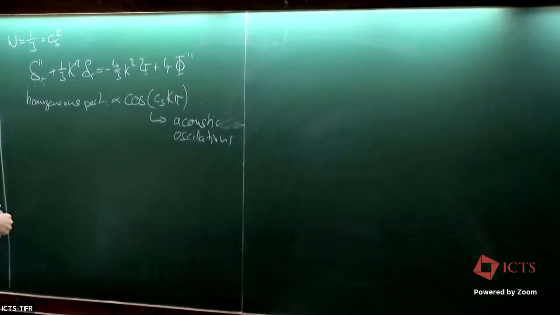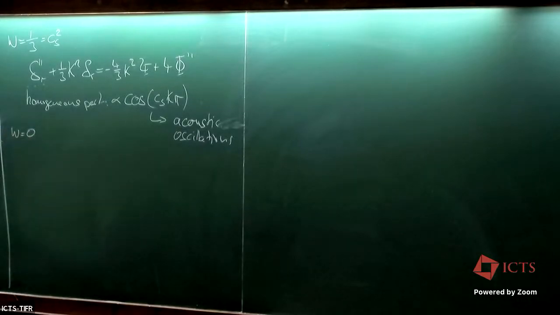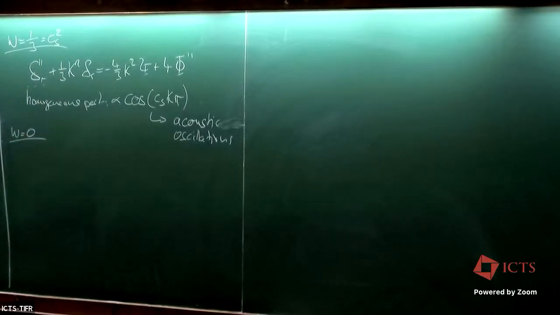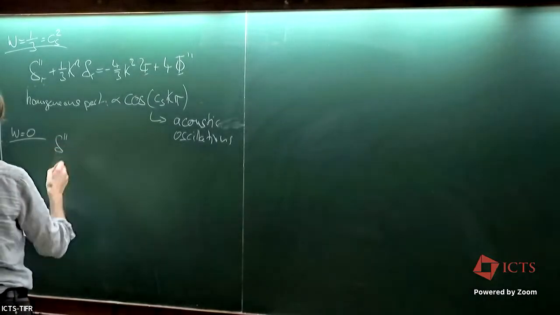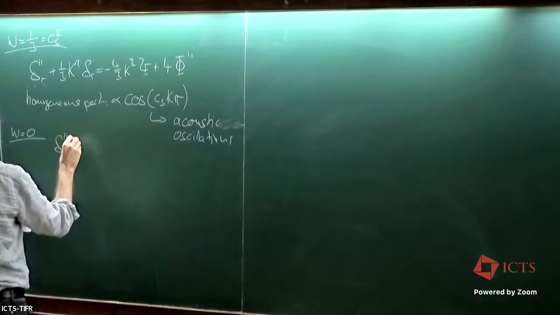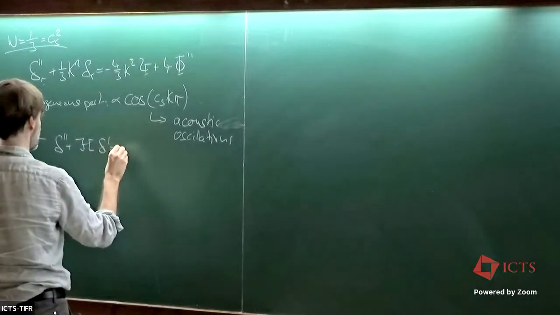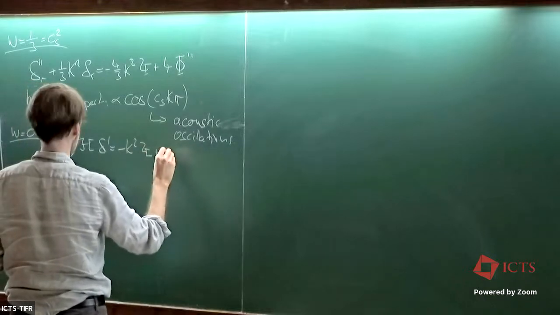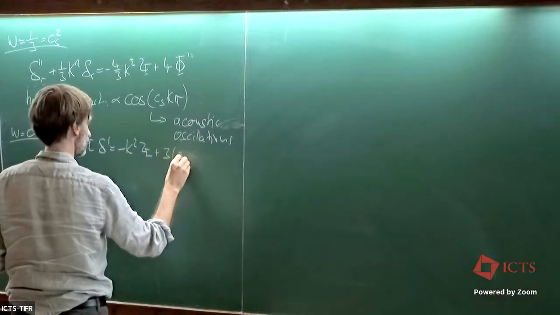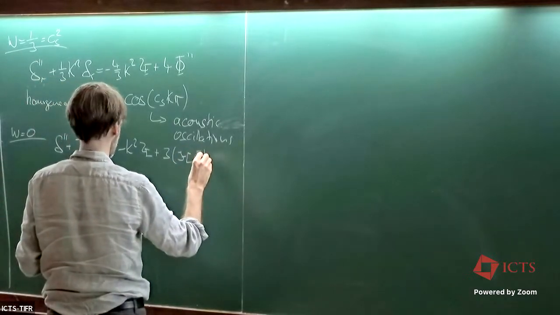And then we can look at matter, so another case, and there, well, this term goes away, and we are just left with that equation, delta double prime plus, so we have a friction term, and on the gravitational side we have this. And here you see this solution is not oscillatory, if you look at the homogeneous part of the equation.